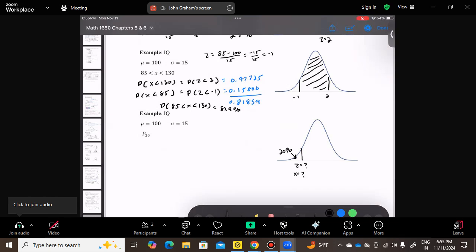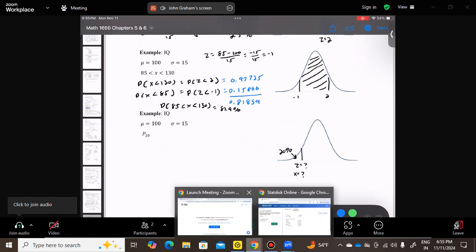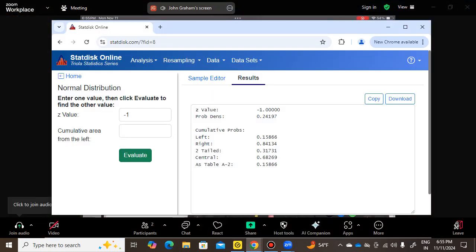So we start with StatDisk, and we put in 20% to the left, and we find that z-score. The z-score equals negative 0.84162. Now we have to find the x-score.